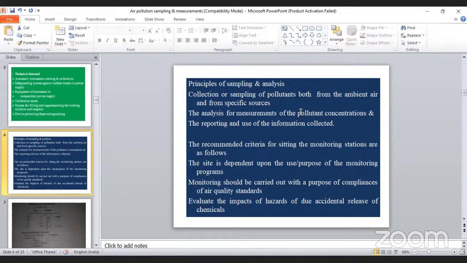They can evaluate the production efficiency in the industry or anything, and this supports research and development. Then only can we reduce the pollutant or improve the method of energy conversion, whatever it may be.